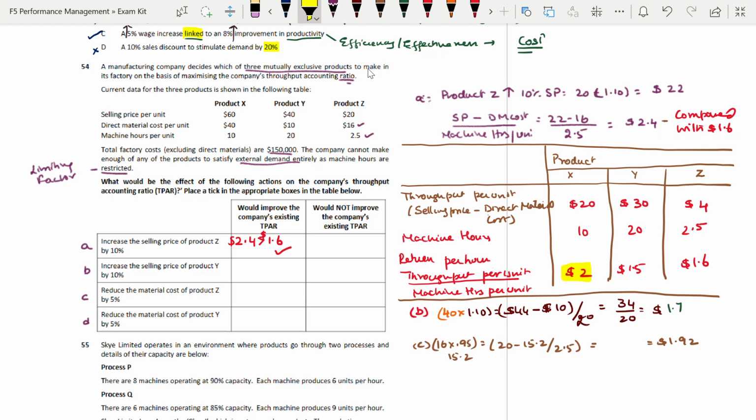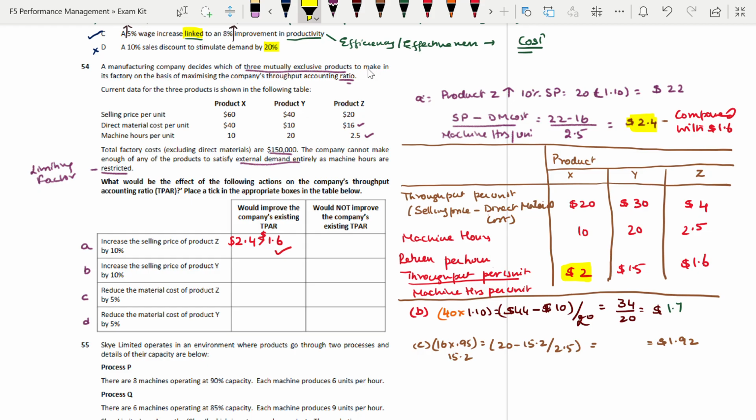Here what's happening? If you are taking product Z, it is more than 2, more than compared with the existing. All three are mutually exclusive. Mutually exclusive means if you are getting more than 2, then it is preferable.